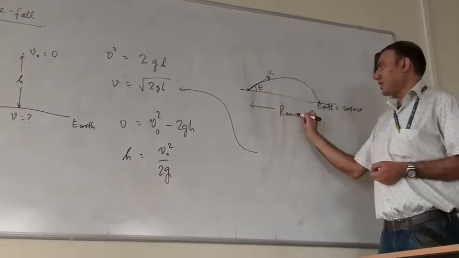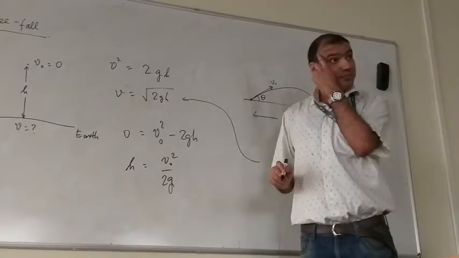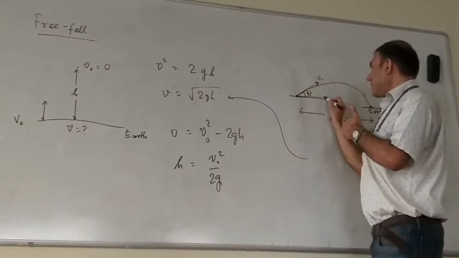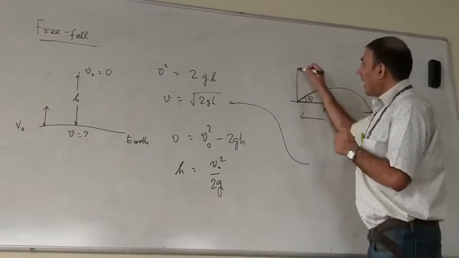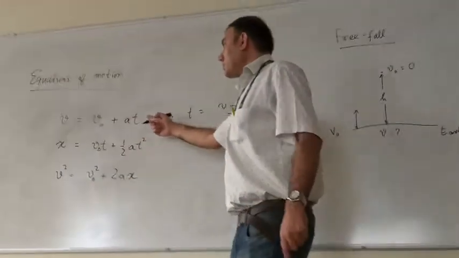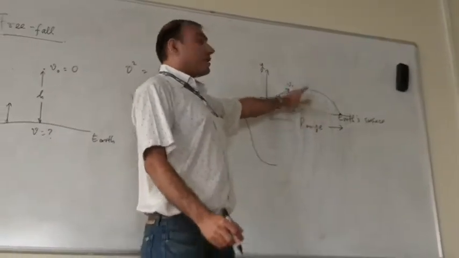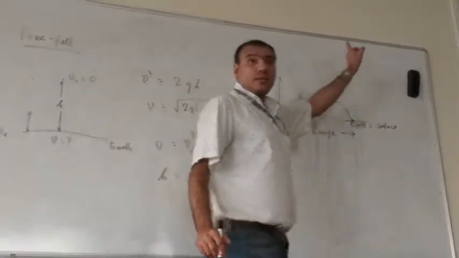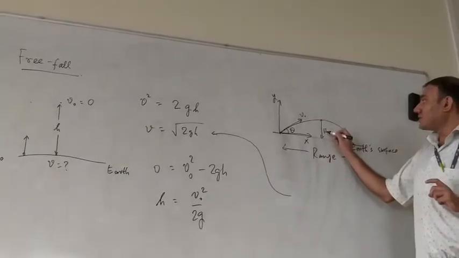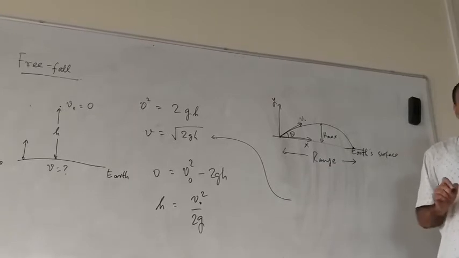That point, measured from the initial point, is called the range. Through the equations of motion applied individually along x and along y, you can calculate the range and also the maximum height the projectile can achieve. This is h max. All these results immediately strike you.